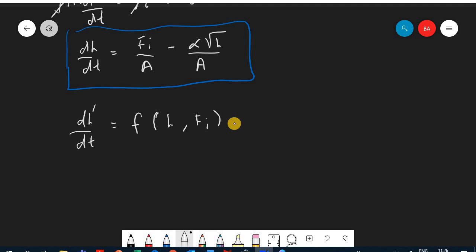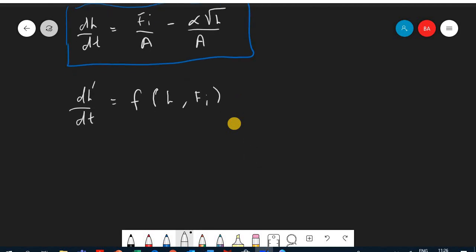And you can see that I'm having exactly the same thing. I didn't do anything different from what we had taken before. And this is equal to df by dh times h prime plus df by dFi times Fi prime.